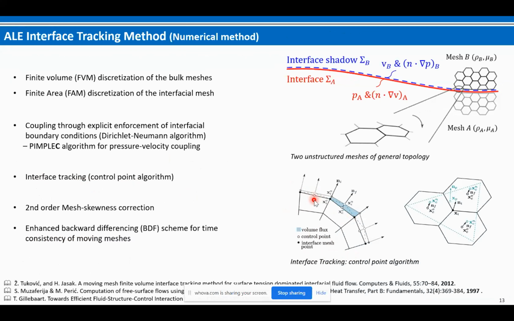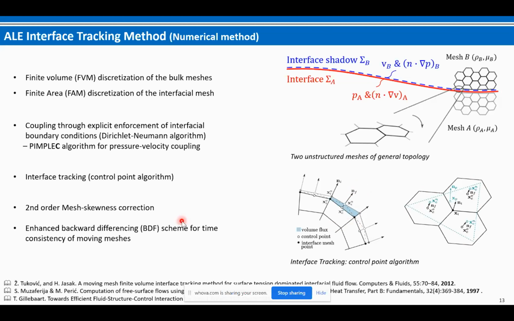The movement of these points is such that the volume flux computed here compensates the mass flux that results from calculating the interface velocities. Then the interface mesh points are moved in point normal direction onto the least square plane laid by these control points.